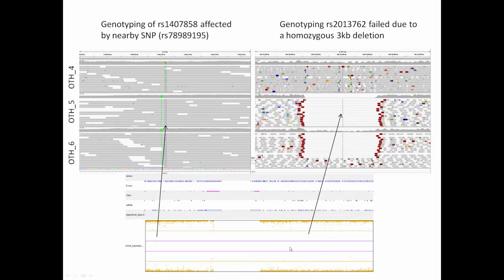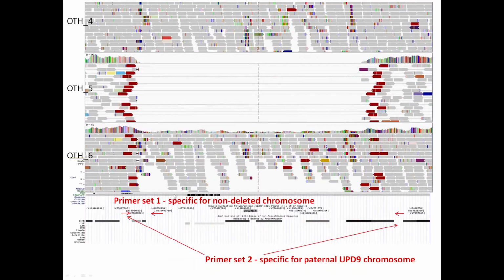So we thought this was quite a nice way of mixing array and whole genome data together to find CNVs. However, this deletion didn't hit any genes of interest. However, because we were quite early on in our use of whole genome sequence data, we wanted to validate that this was a real deletion.